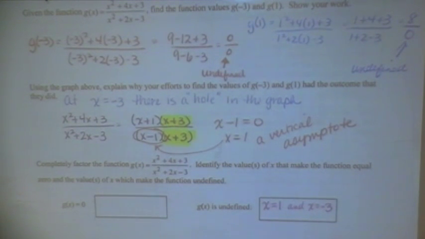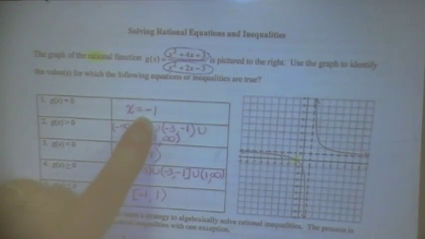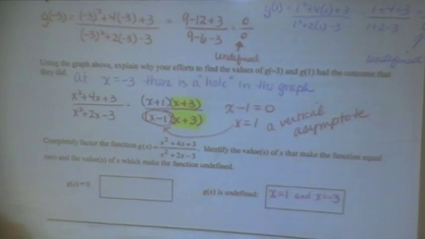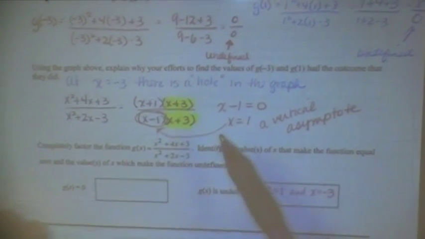Now we just need to know where g of x equals 0. We looked at that earlier. We know where it equals 0 because we looked at it at the very top. We know it equals 0 at negative 1, but we want to see how we can get there from this equation. Well, we've already factored it.